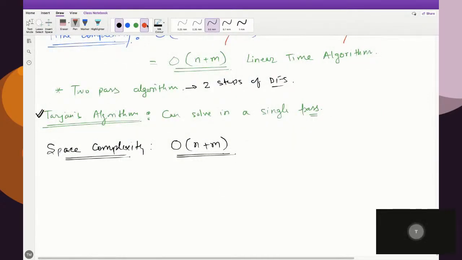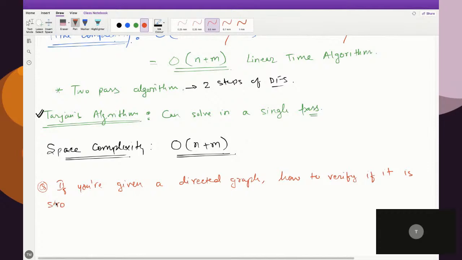Now, if we revisit the question: if you are given a directed graph, how to check if it is strongly connected?